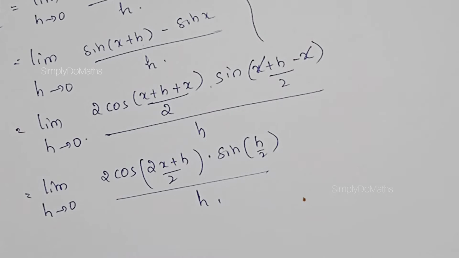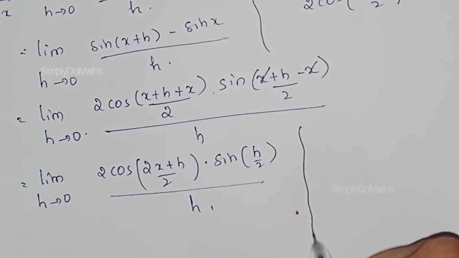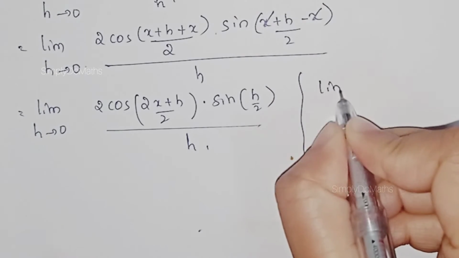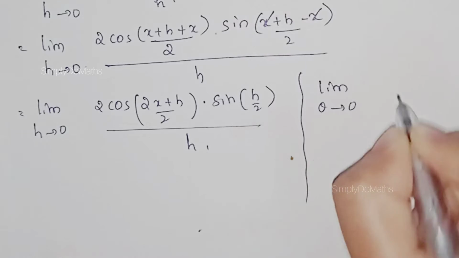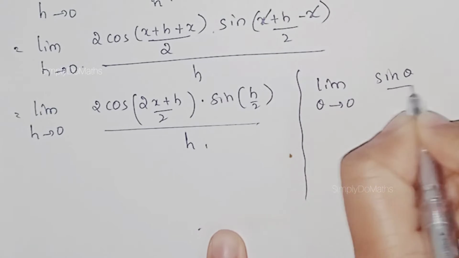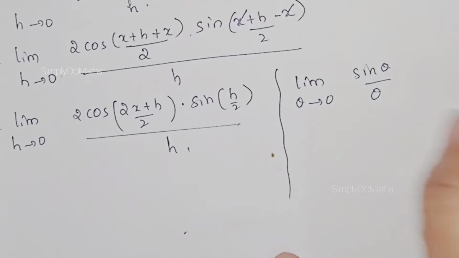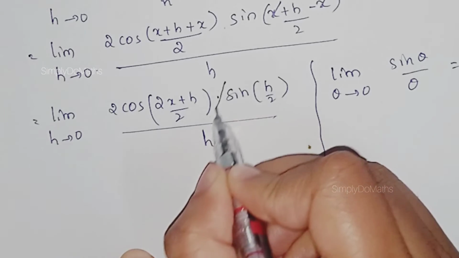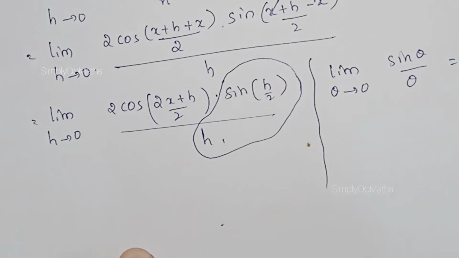So as you know, the limit as theta tending to 0 of sine theta divided by theta is equal to 1. Let us combine this together.